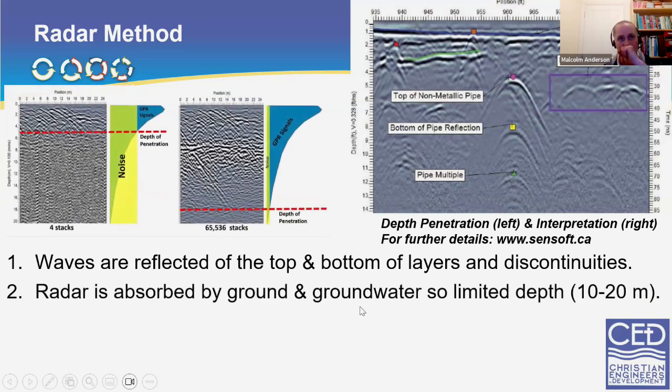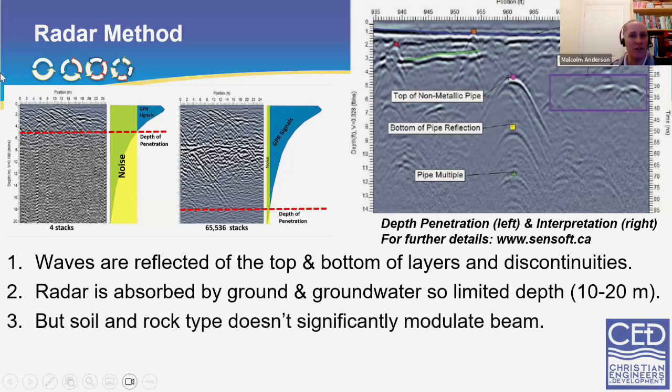Now the main issue is that the radar, which essentially is close to microwave frequency and wavelength, gets strongly absorbed by the background, as you can see in these two pictures here. So the instrument uses stacking, just like the seismic method, in order to improve the signal to noise ratio, but even that can't get you beyond around about 20 meters.